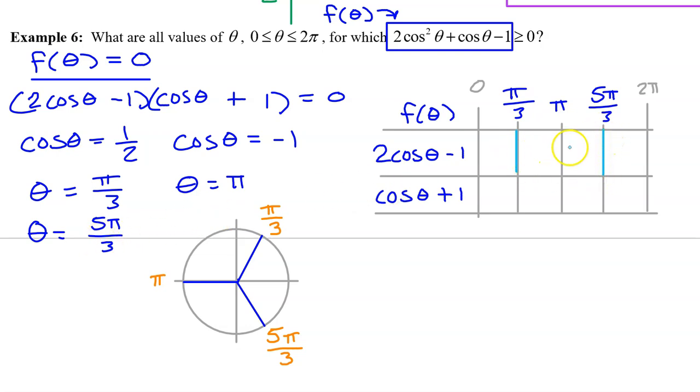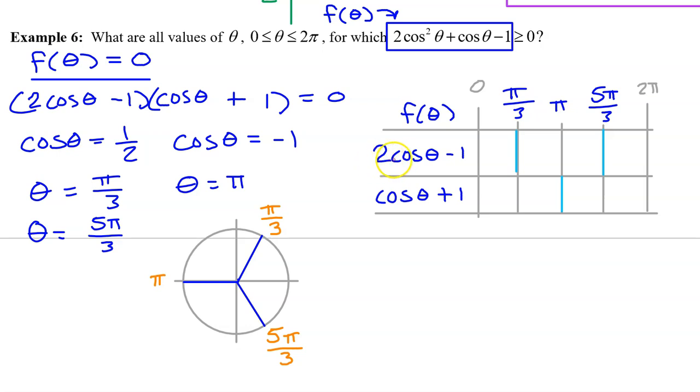So these are the only two places where this factor might change signs. So instead of having to test 4 intervals, I really only have to check 3 intervals. The factor of cosine theta plus 1 gave us the value of theta equals pi. So this is the only place where cosine theta plus 1 might change signs. So we really have to only check 2 intervals for this factor, not 4.